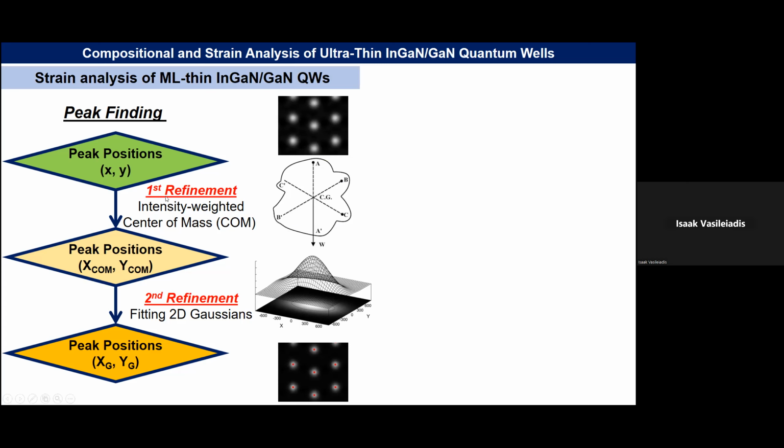Then we have a first round of refinement using the intensity-weighted center of mass, and we have a second round of refinement by fitting 2D Gaussians. In this case, the centers of these spots are defined by the centers of the Gaussians.